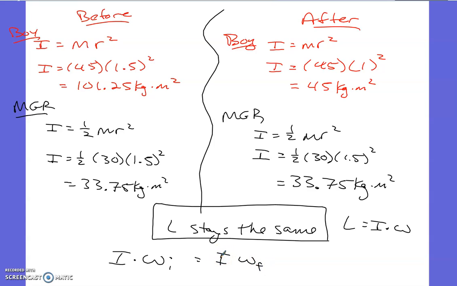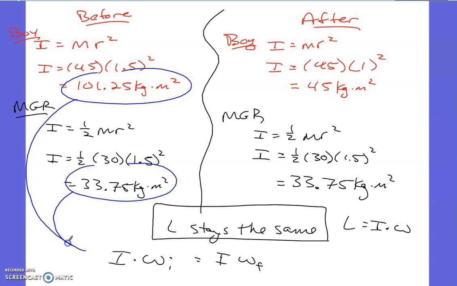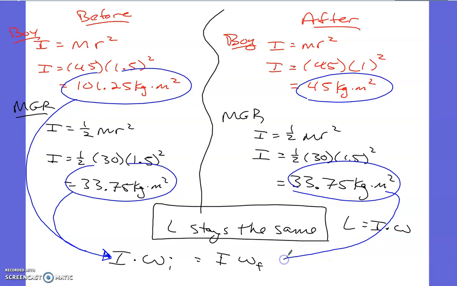But what moment of inertia are we talking about in these two parts? The moment of inertia is the sum of the two that we just found. These two together make the moment of inertia in the beginning, and these two together make the moment of inertia at the end.